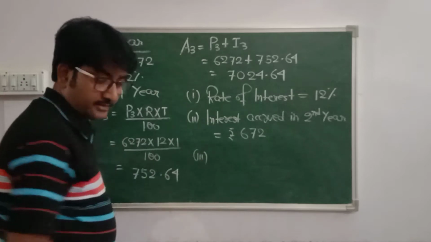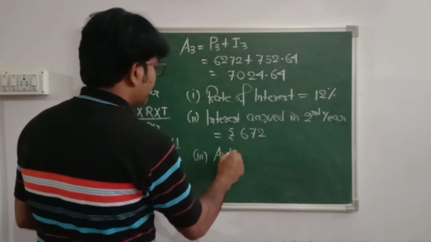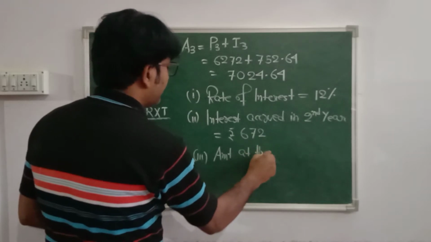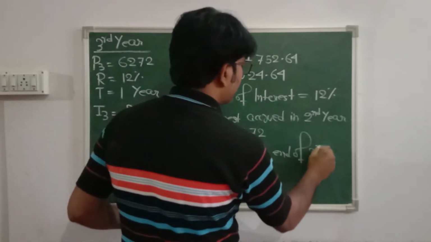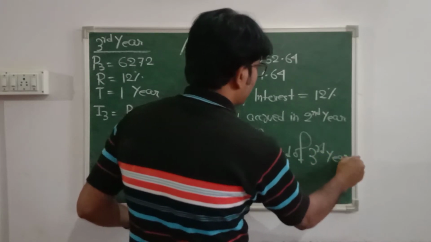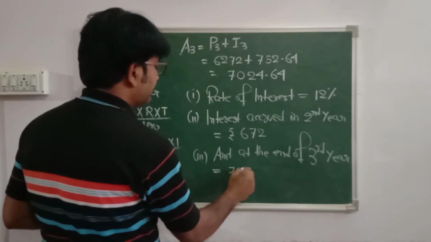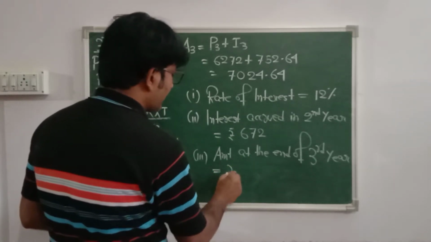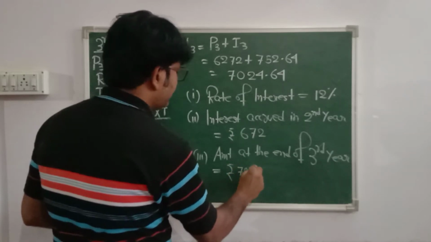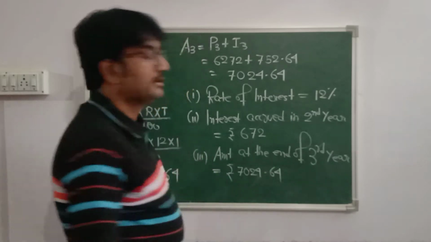And then third is the amount at the end of the third year. So amount at the end of third year is equal to A3, that is 7024.64. So there it is.